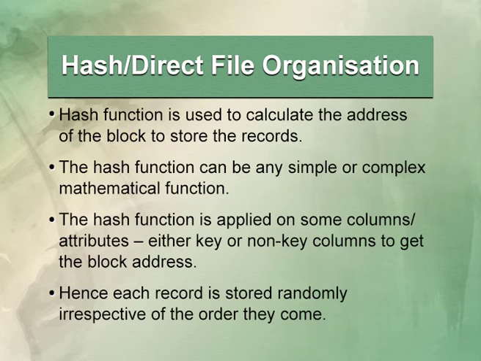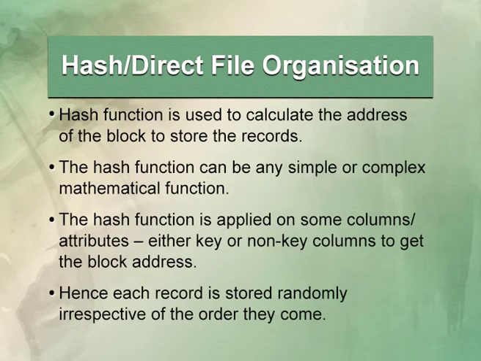In the hash file organization, a mathematical function is used. The hash function is used to calculate the address of the block to store the records. This hash function is a simple or a complex mathematical function which works along with a key.